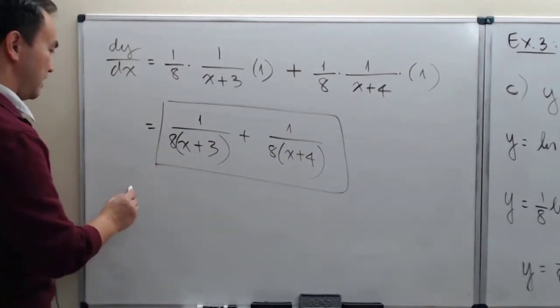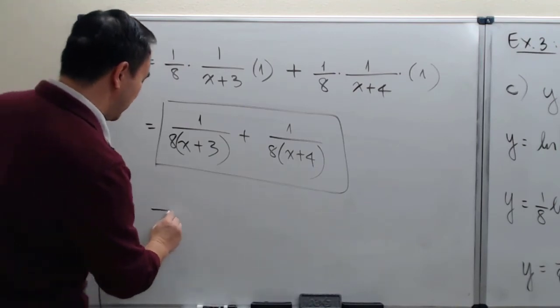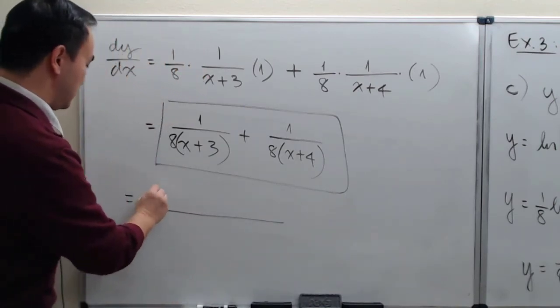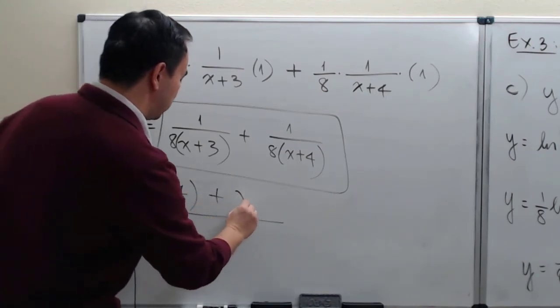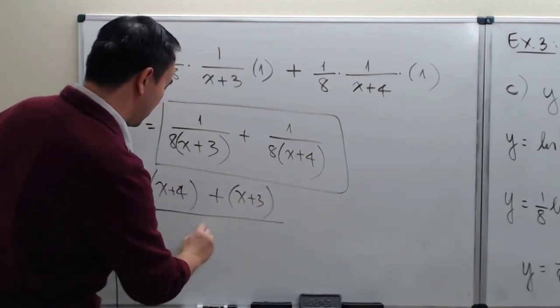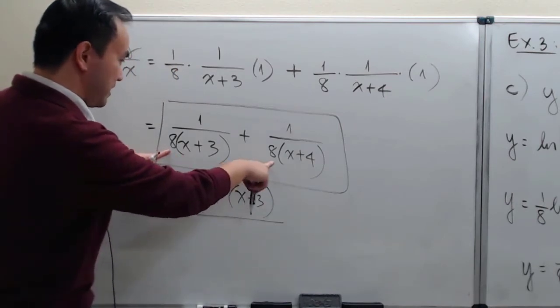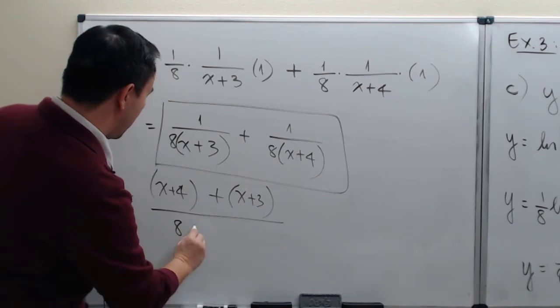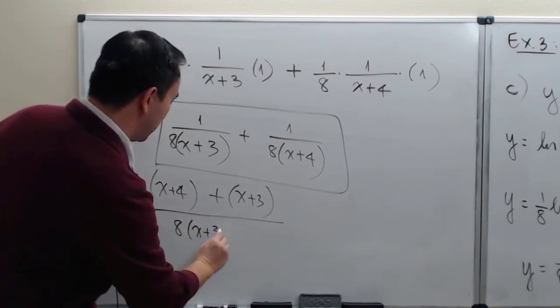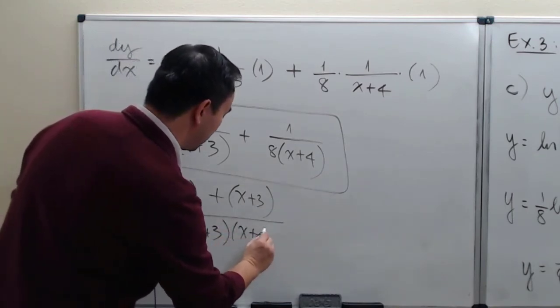Or we can take our time a little bit and do the common denominator. So I have x plus 4 to be added with x plus 3, all over, and 8 is already a common factor, so we only need to multiply these two. So now we're looking at 8 times (x plus 3) times (x plus 4).